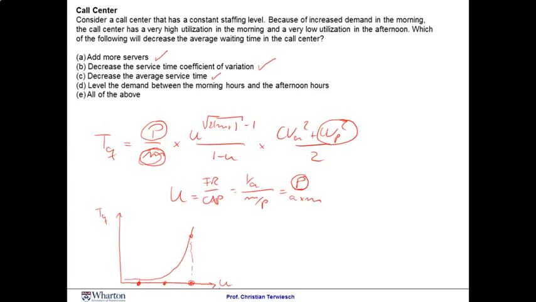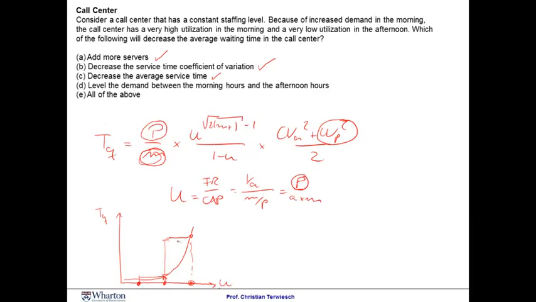Now conceptually, you see that if we could bring this together and level the demand, so we move some of the demand from the morning into the afternoon hours, well, the folks who had previously a super short wait time will lose a little. They wait a little longer here, right? So there's a little increase in the waiting time for these guys. But the morning people will really, really benefit, right?